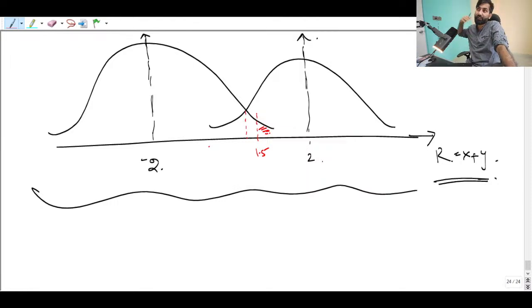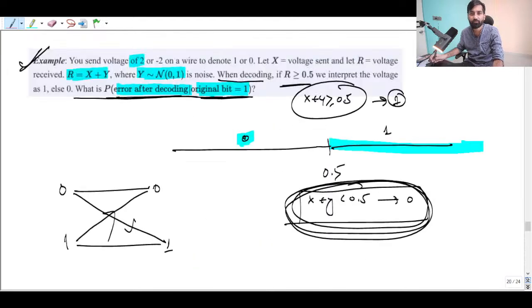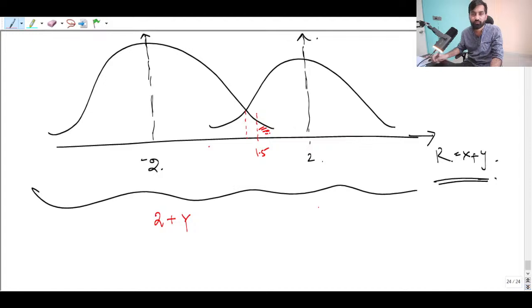But if you are sending 1 and you are receiving 0, that is the question. If you are sending 1, you are adding 2 plus the noise. 2 plus the noise, understand? I think the decision point was what? Let me check that. 0.5, yes, sorry, I should take care of this. Not 1.5, it was 0.5, right?